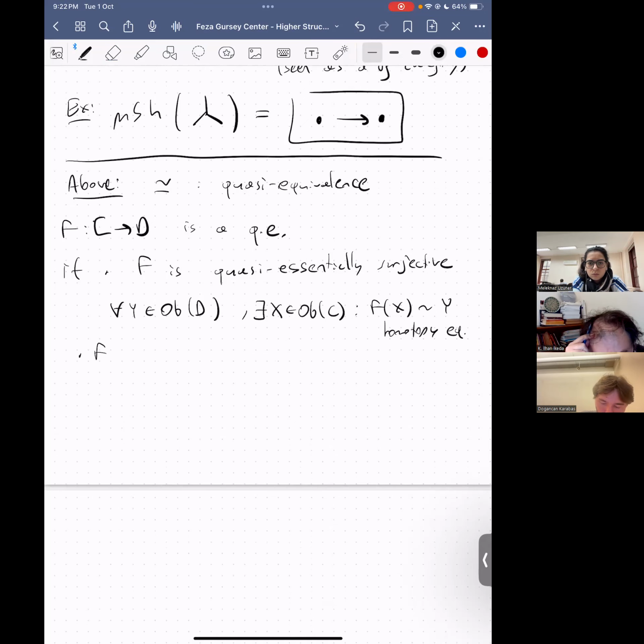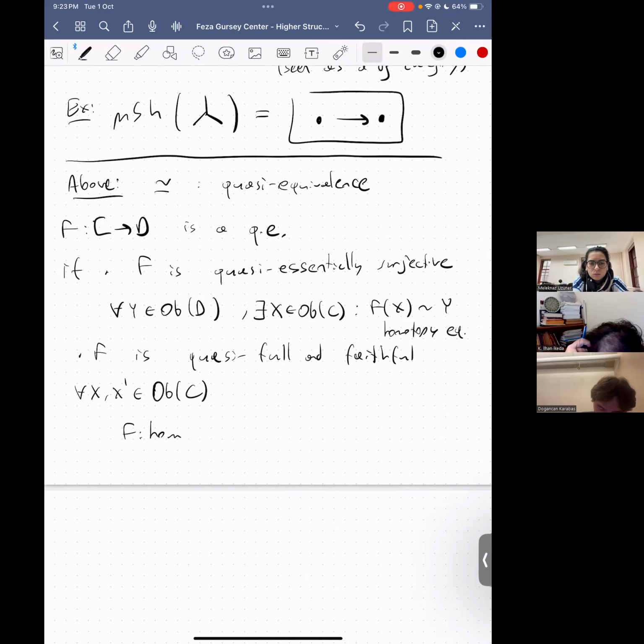And F is quasi fully faithful if, for all X and X prime in the objects of C, F restricted to this morphism space, a chain map between morphism spaces, is a quasi-isomorphism.